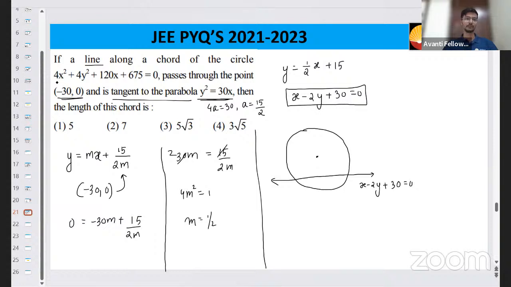So to get the center, we have to divide the equation by 4. So x square plus y square plus 30x plus 675 by 4 equals to 0. So the center is (-15, 0).